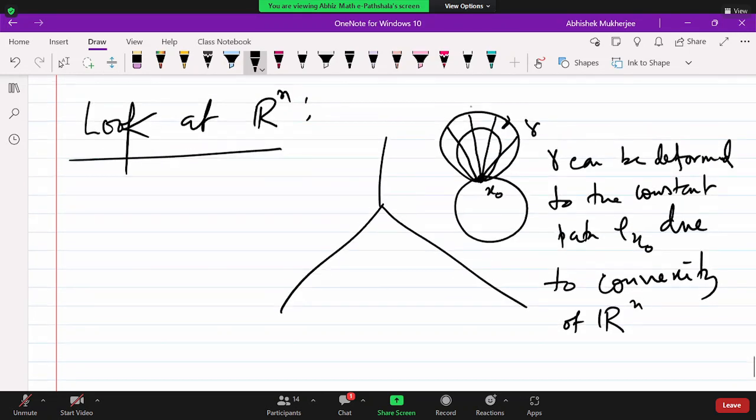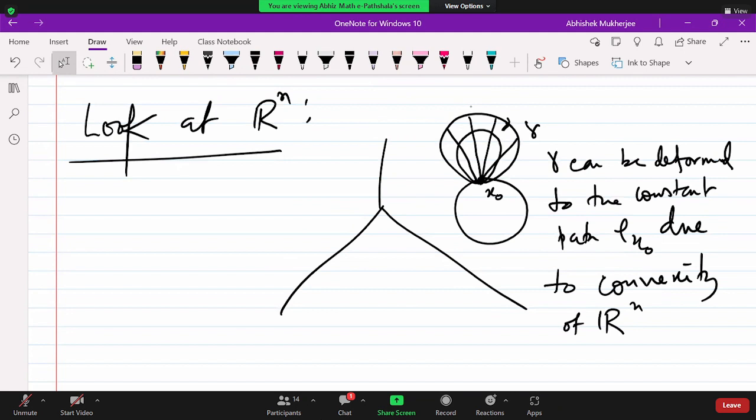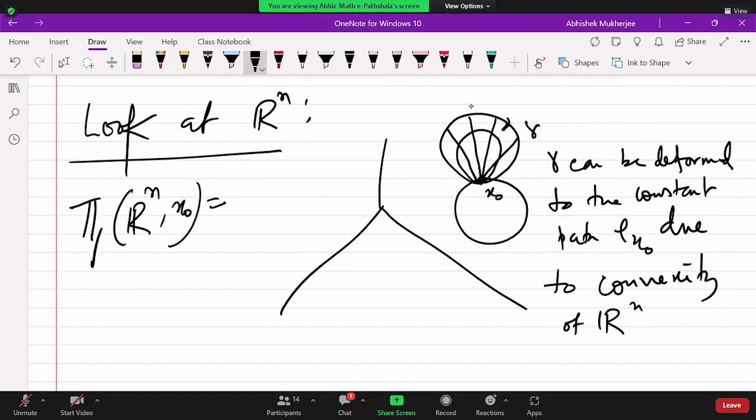So that means whatever loop you are taking based at x naught will be deformed to the constant path x naught. So the fundamental group of this Rn will be the trivial group, right? Great. So this Rn will have a trivial fundamental group.